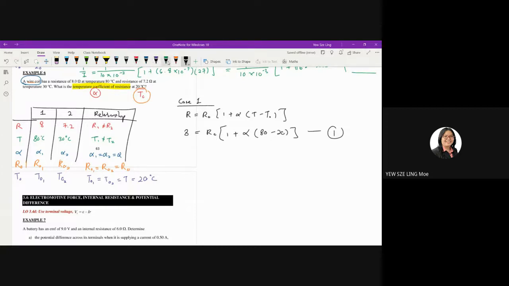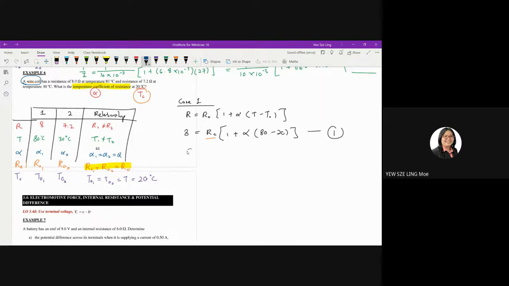So do I have to do anything about R naught? No, I don't have to. Why? Because according to the relationship given, they are equal. So remember what I told you just now? If you have variables that are equal before and after in case 1 and case 2, then usually it means it can be cancelled out when you simplify the equations. Dia boleh dipotong masa kamu simplify equation.